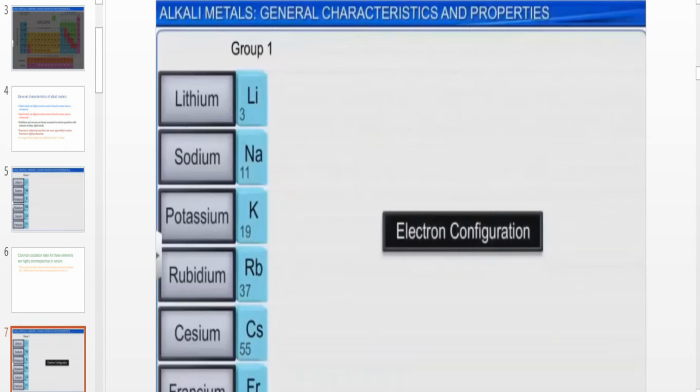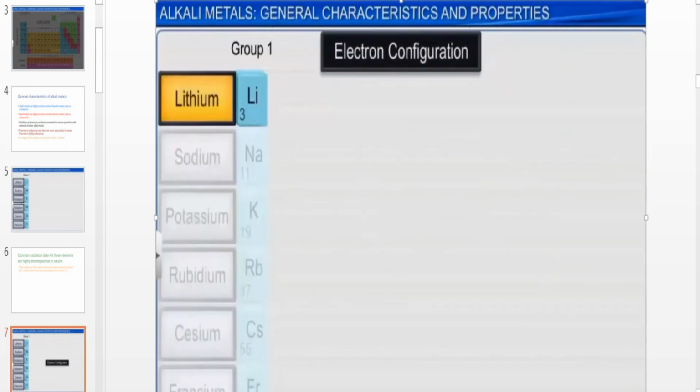Let us see this electronic configuration. So the electronic configuration of lithium is 1s2 2s1. Okay, the outermost orbital is 2s1.